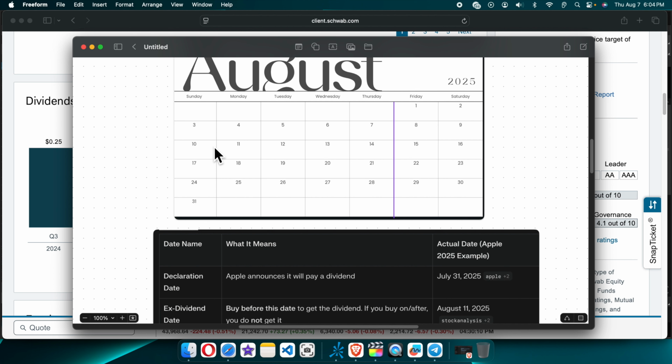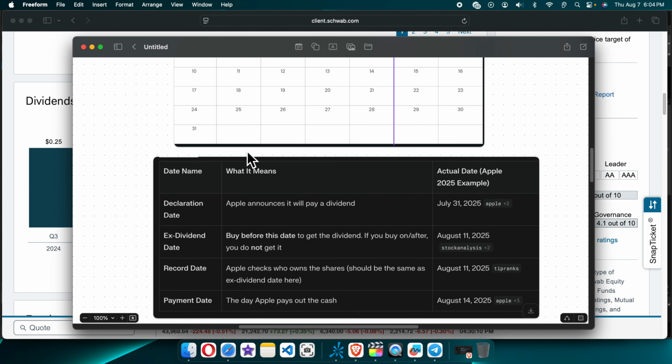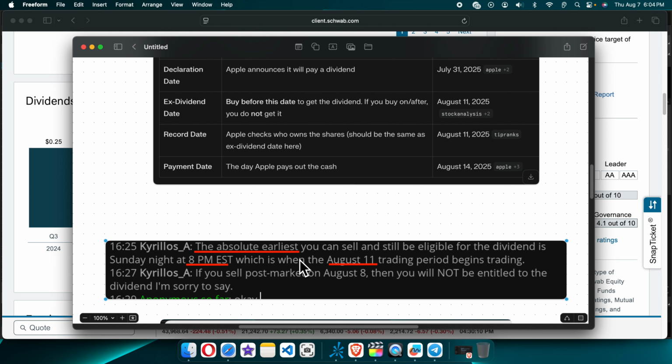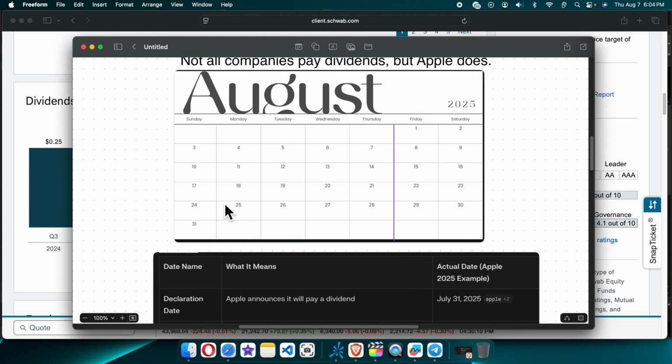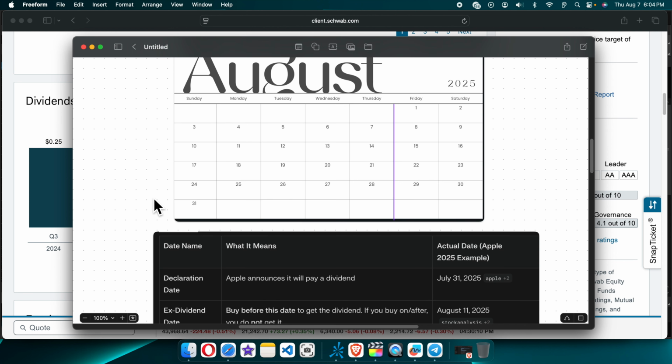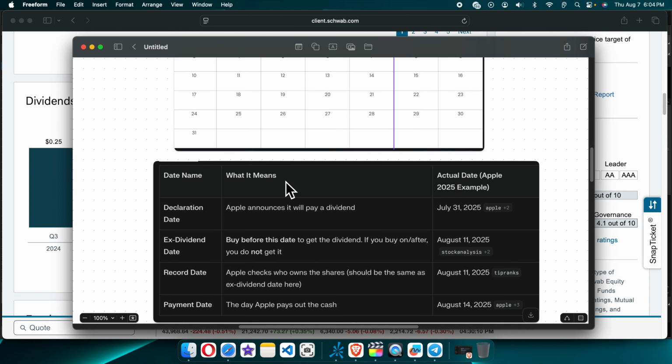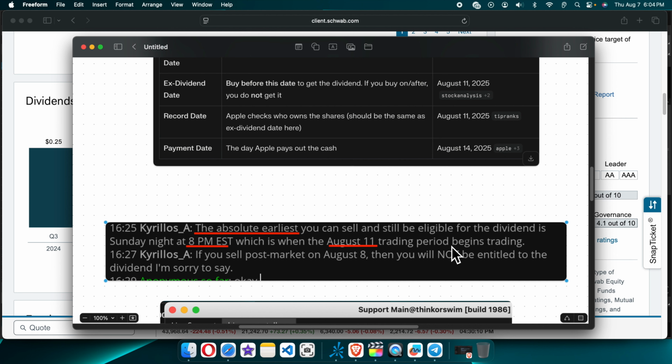From that time it calculates that this is the stock market for the 11th. That's why they mentioned that the absolute earliest you can sell and still be eligible for the dividend is Sunday night 8 p.m. So after 8 p.m., if you sell all the Apple stock, you will not lose the dividend, you will get the dividend.